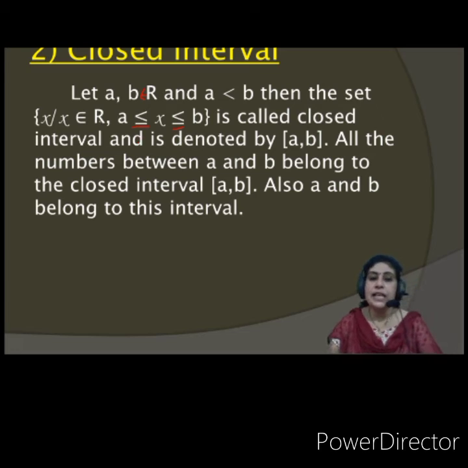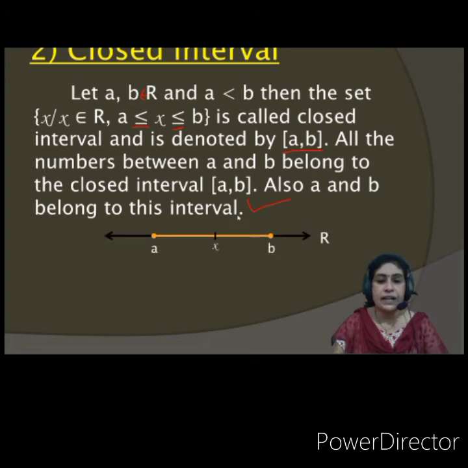Why? Because A and B are also included, and it is denoted by square brackets. All the numbers between A and B belong to the closed interval, and A and B are also included in this interval.